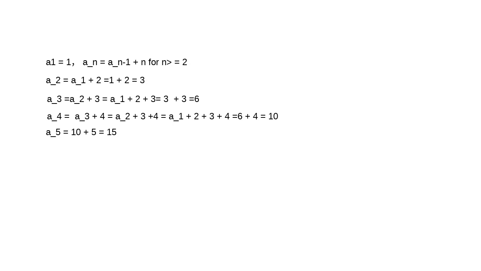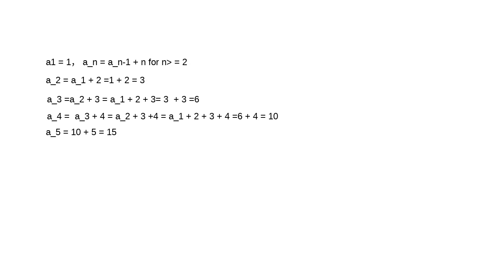If we only look at 1, 3, 6, 10, 15, it's very difficult to figure out its pattern. But if we write out A3, it's A2 plus 3. So A2 is A1 plus 2 plus 3. You see the pattern, right? A1 is just 1, so I can even do one more step.